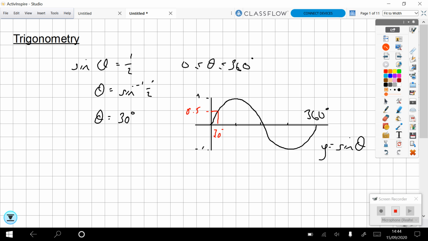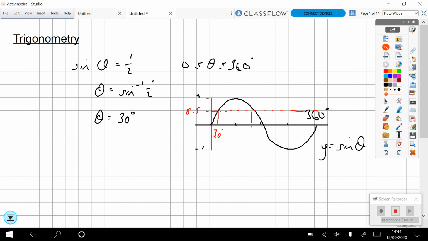The calculator is great at working things out between 0 and 90, -90 and 90, that sort of range, depending which trig function you're using. But sine of theta equals a half also contains a solution just here. And your calculator cannot work this out. You need to do it.